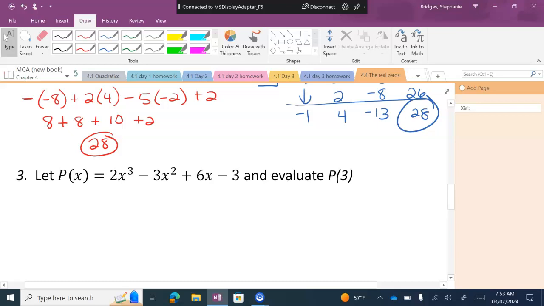This time my function, my polynomial is 2x to the third minus 3x squared plus 6x minus 3. And we are going to evaluate that for x being 3. That's why it's called the remainder theorem.